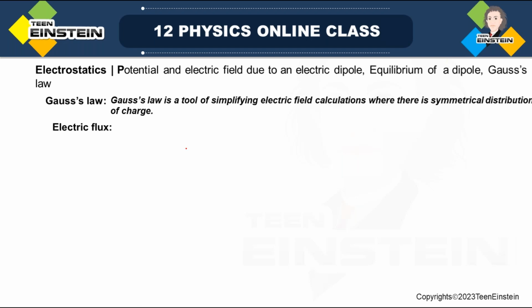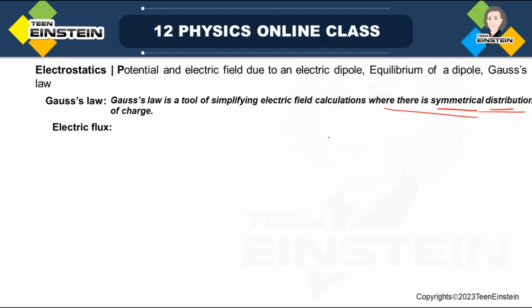But when will the calculation of the electric field be simplified? If there is any symmetry in the distribution of charge, only then do we get this advantage of Gauss's law.